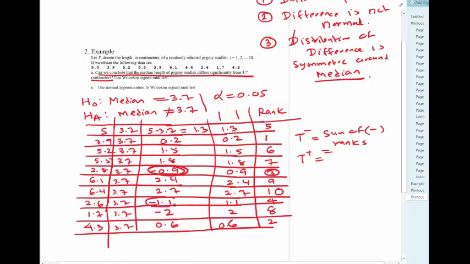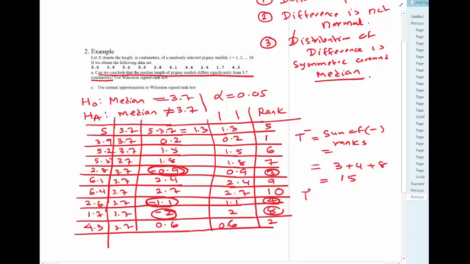This one is a negative value, so its rank is negative. This one is a negative value, so its rank is negative. If I add these numbers, I get the sum of negative ranks. So my sum of negative ranks is going to be 3 plus 4 plus 8, which is 15.